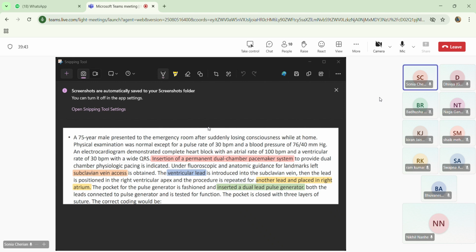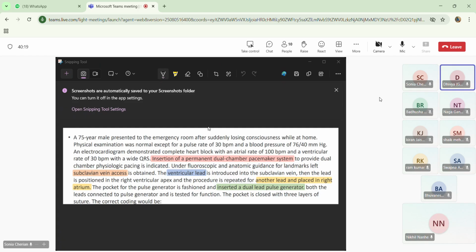What is the first thing you need to check? Whether they already have a pacemaker or it is the first time they are inserting. What is the scenario? The first time they are inserting. Okay, good. What is the device they're inserting, pacemaker or defibrillator? Pacemaker only. Correct. Is it single chamber or dual chamber?